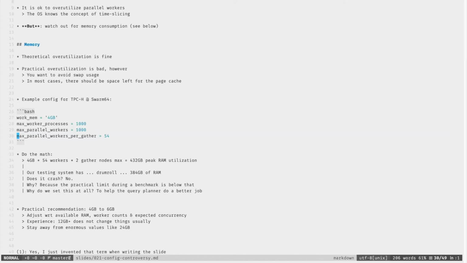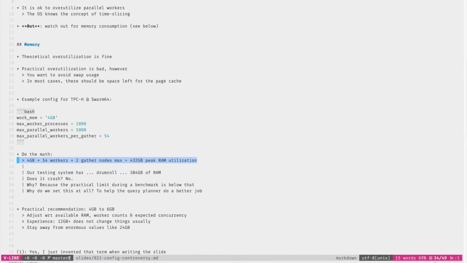Now, if you do the math and calculate the upper limit of peak RAM, the formula is: you take the 4 GB times 54 workers times 2 nodes per query maximum, right? You can also assume 3, but 2 is a relatively safe bet. Then you get to 430 gigs of peak memory utilization.